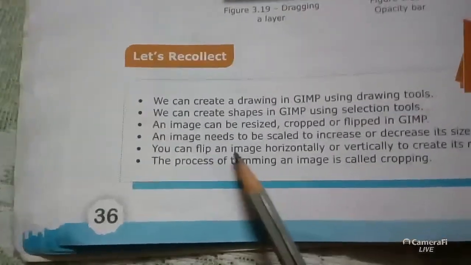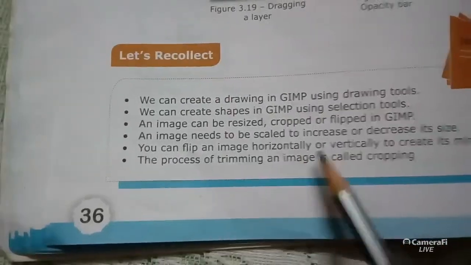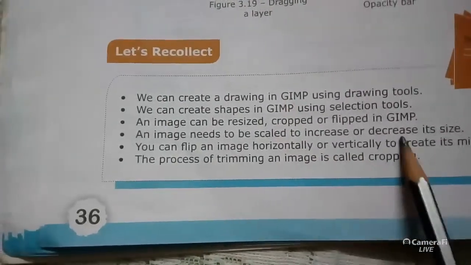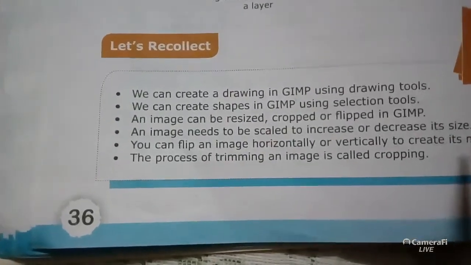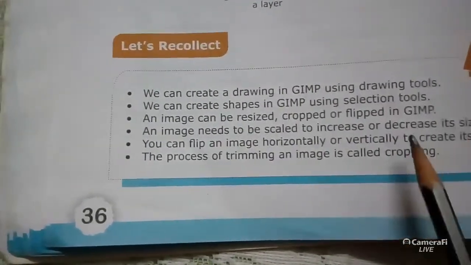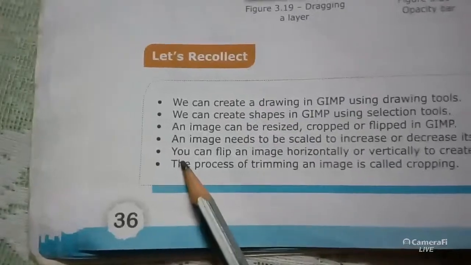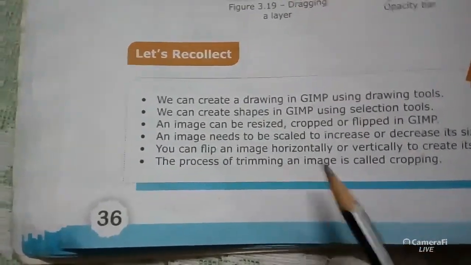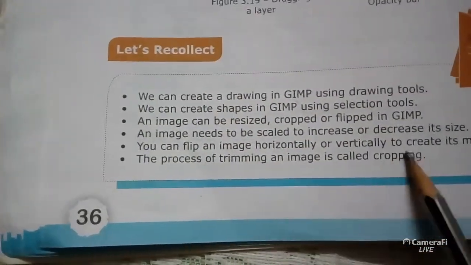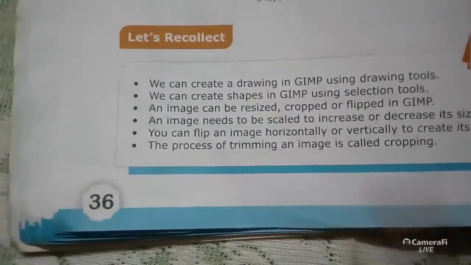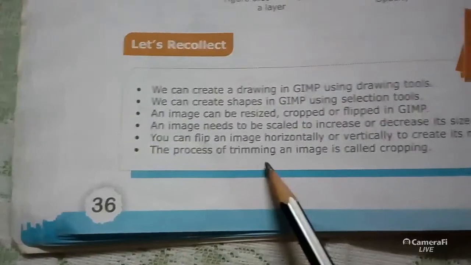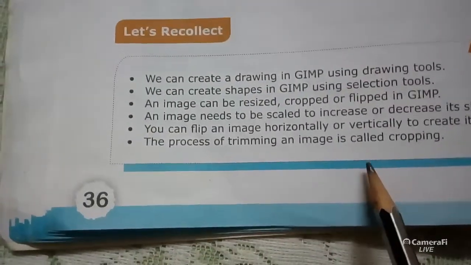An image needs to be scaled to increase or decrease its size. That means we can give the point measurement of scaling of the image. You can flip an image horizontally or vertically to create a mirror image. The process of trimming an image is called cropping.